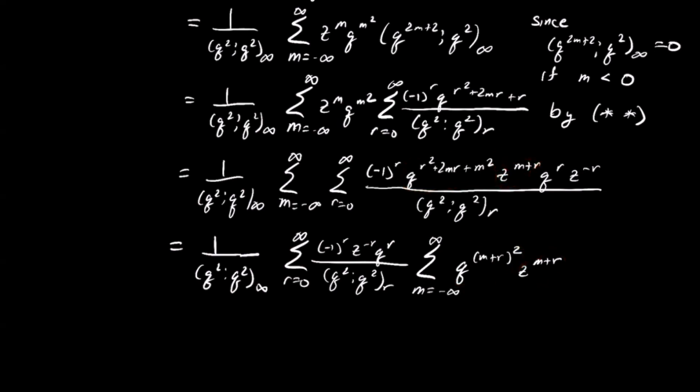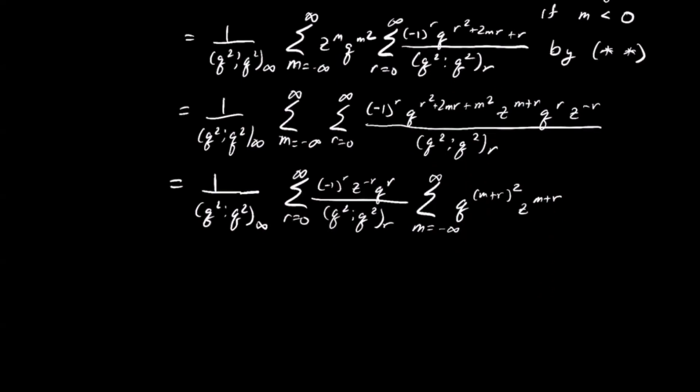The rest of the stuff I'm going to rearrange and pull out of the sum. Okay, so I get an expression that looks like this. The other thing I'll notice is that when I look at this right-hand sum, I'm summing over all the integers. So for every fixed value of r, I'm summing over all possible values of m. So now I'm going to reindex this. I'm going to replace all my m's by m minus r's. I'll still be summing over all the integers.